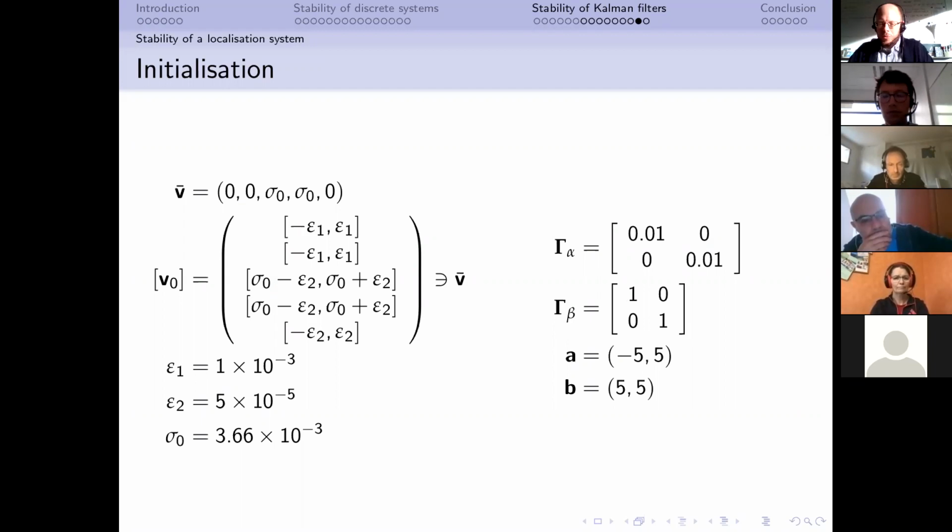Yes, measurement noise could be from the sensor data sheet. Yeah, absolutely. And the gamma alpha would then be some degree of freedom for an outer loop optimization in order to tune it. So you could definitely tune it and at the same time tune the initial neighborhood.